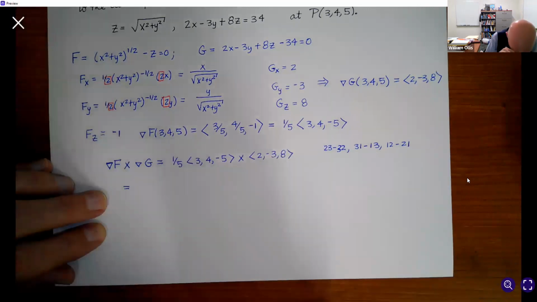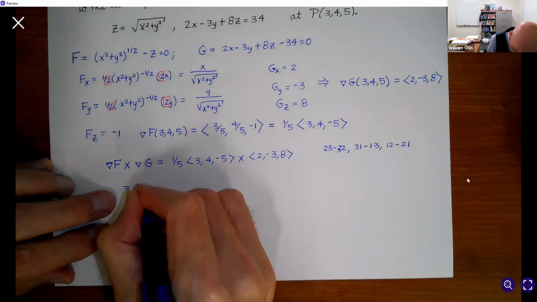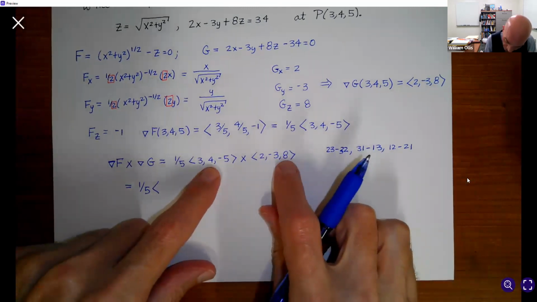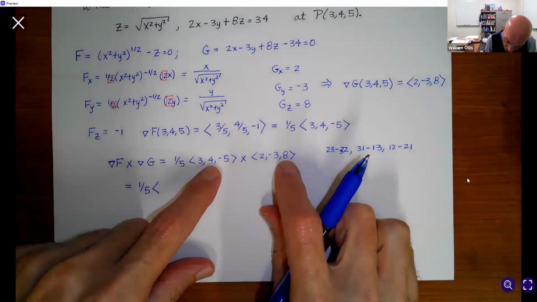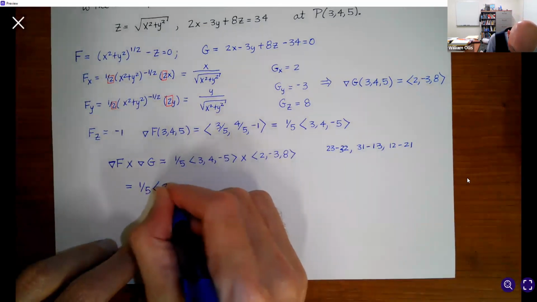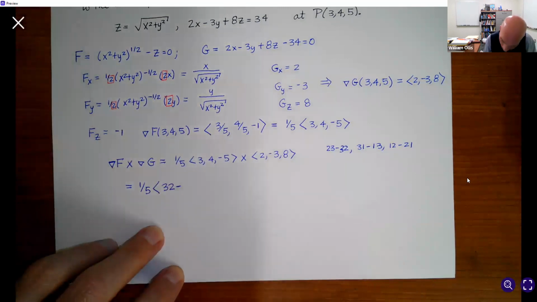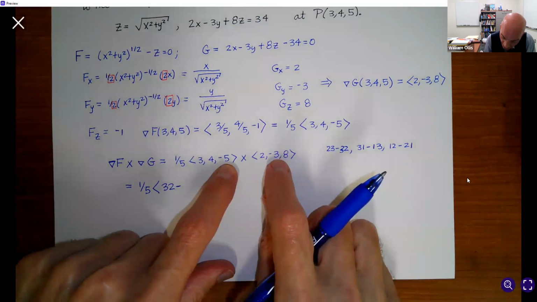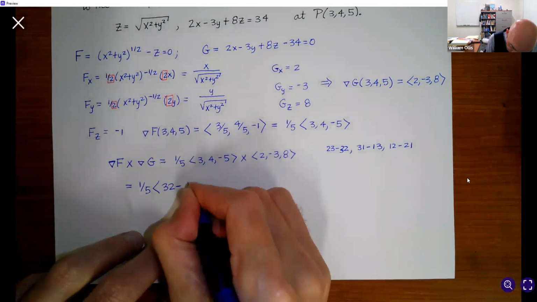So now we have 1/5. And then 2, 3, so that gives us a 20, 2, 3, 4 times 8, that gives us a 32. Then minus 3, 2, well, we've got a positive 15 because of the 2 negatives, so we have minus 15.